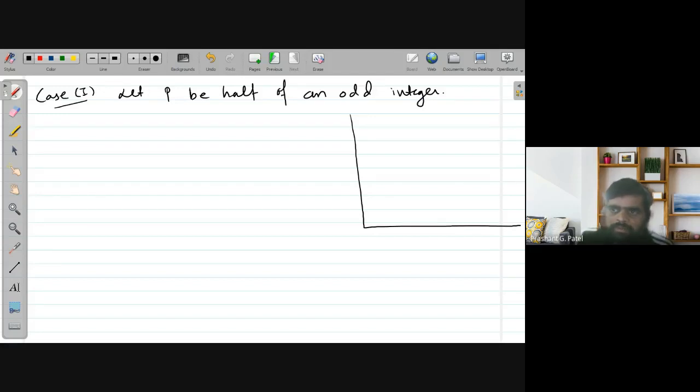Let me write that: 2p plus 1 a1 equal to 0, and an will be minus an minus 2 upon n into 2p plus n. And from this we say that this p is positive, so that's why this will never be 0.